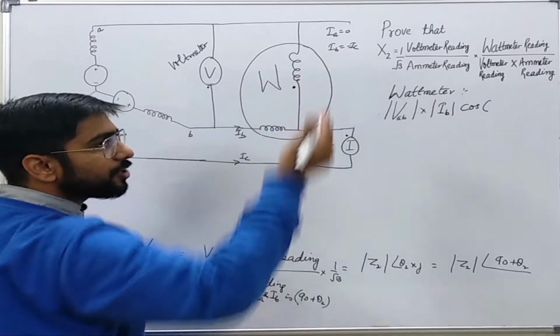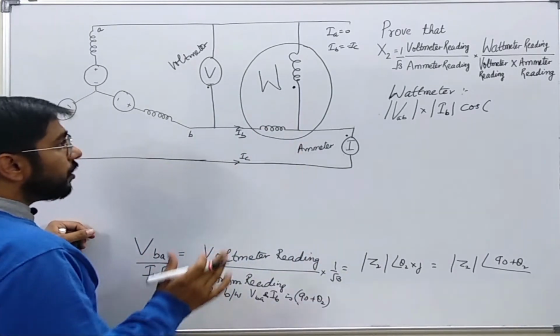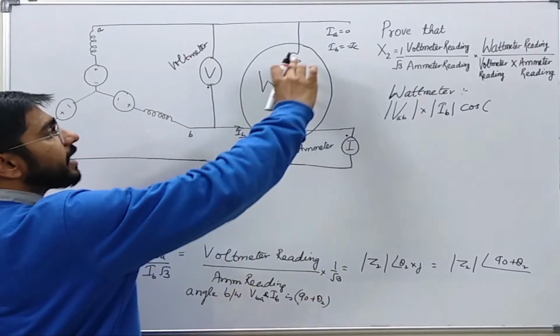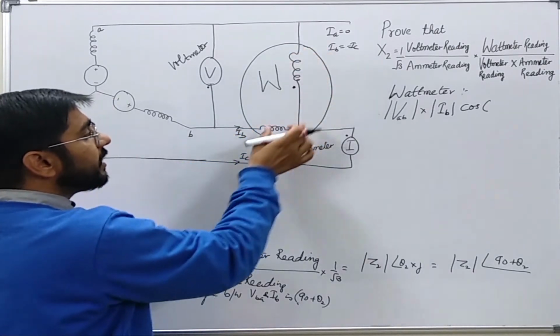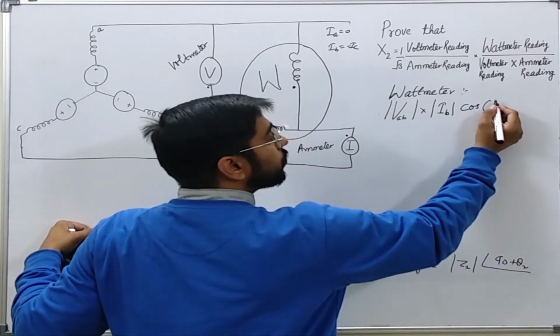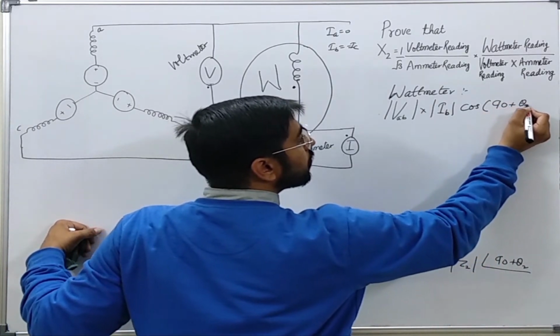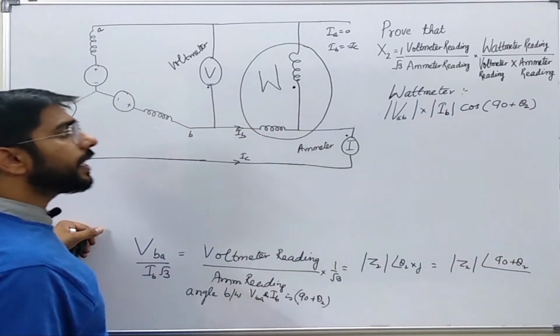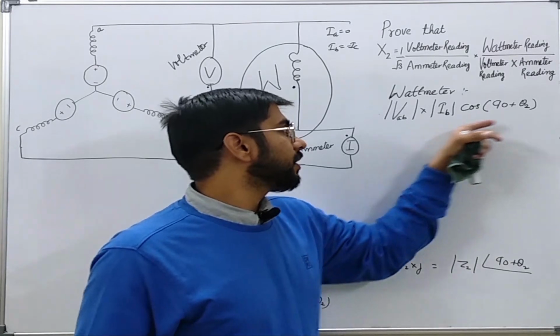Let us say we are assuming this case now that it is measuring VBA. So we can easily see that the angle between the parameter read by this potential coil and the current coil is 90 plus theta 2. Okay, so up till this point we have got this value.